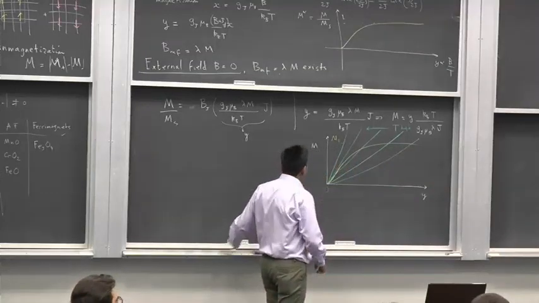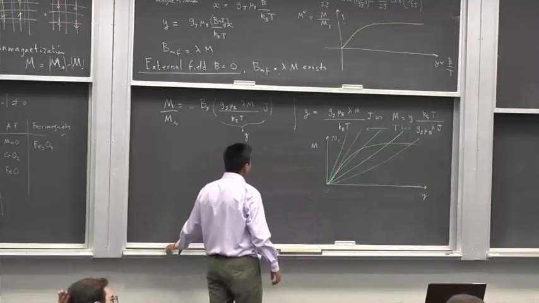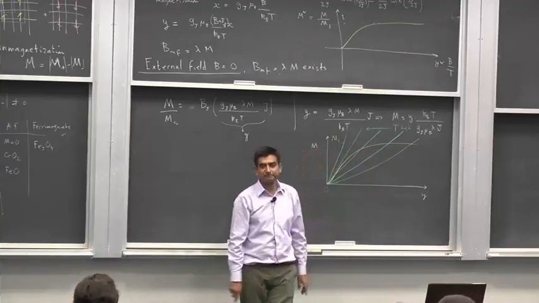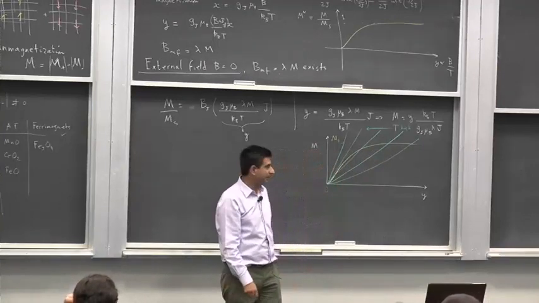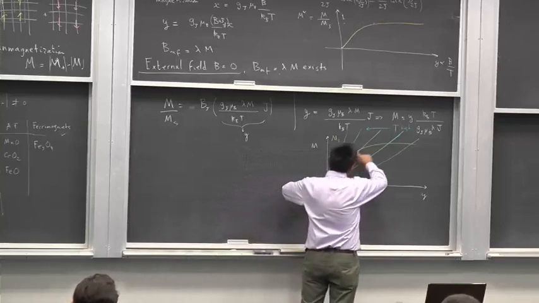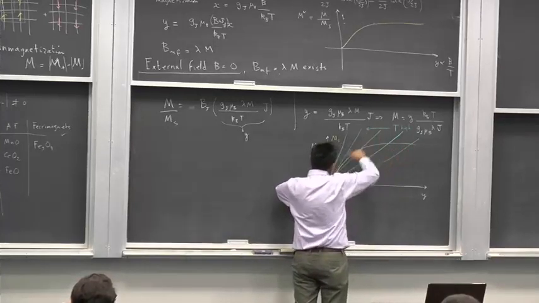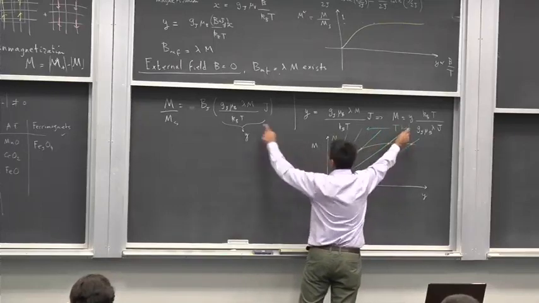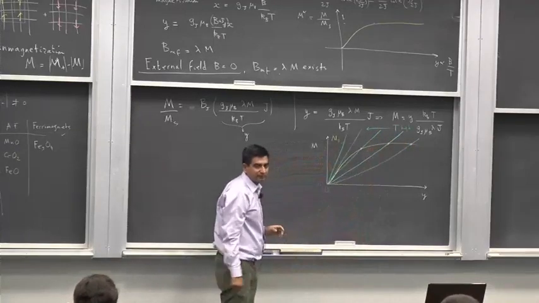So the magnetization which is allowed would be points of intersection of this yellow graph and the green lines, which means that I have one equation which is given by this, the other equation is given by the straight lines, and these points of intersection are solutions to both of these simultaneous equations.